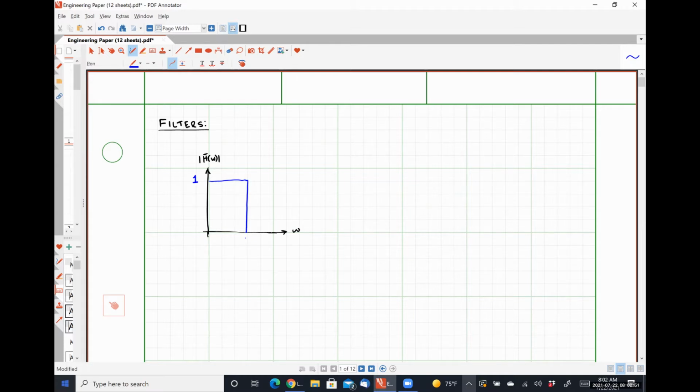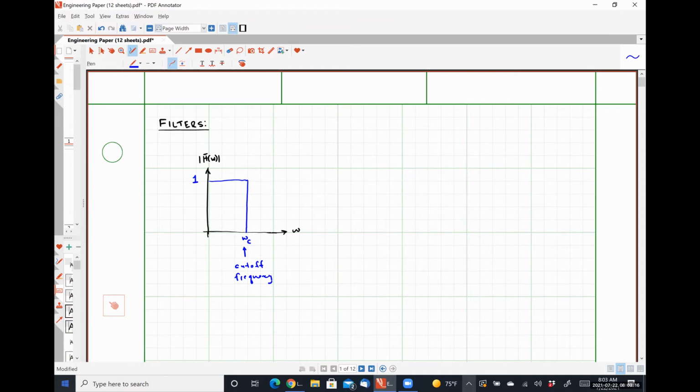And at a particular frequency, which I'm going to call omega c, the cutoff frequency, the amplitude of your signal drops to 0.